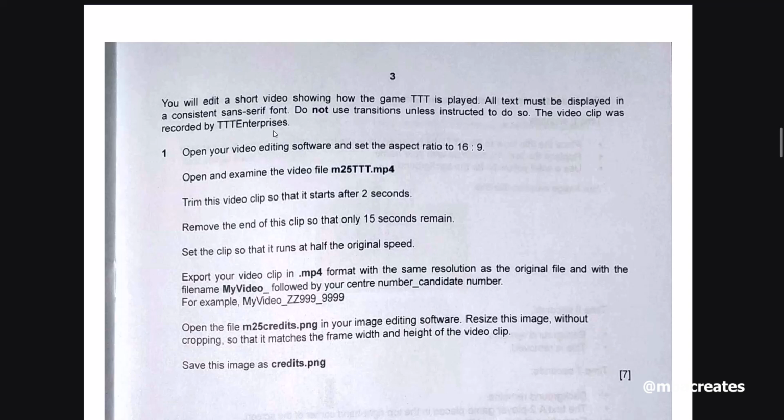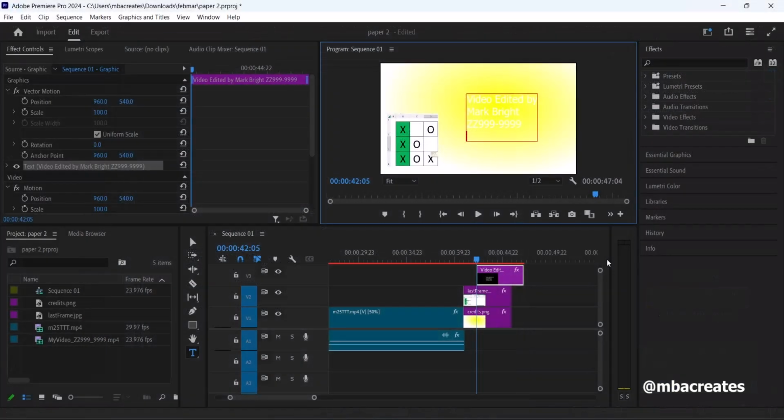So let's head back to Premiere Pro and include recorded by TTT Enterprises. So on another line, we can even leave some space. We add it, and when you're done, just click on the selection tool.